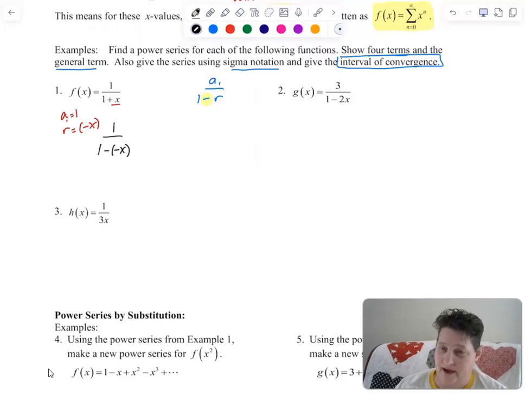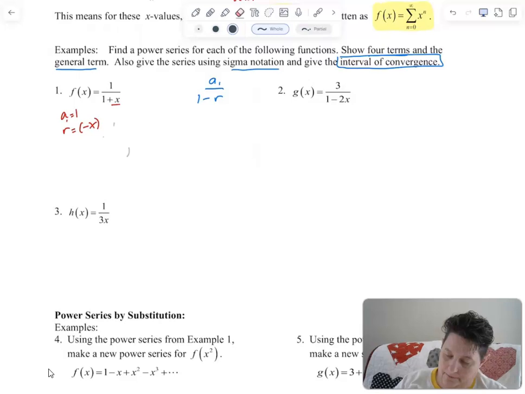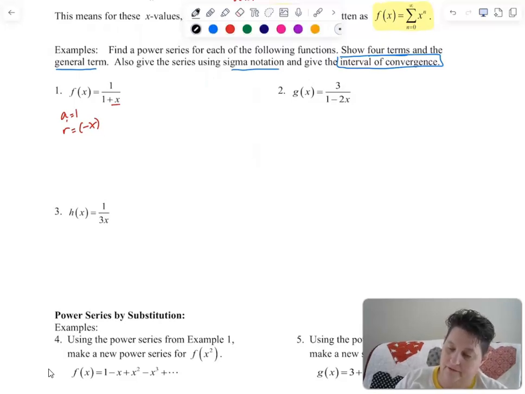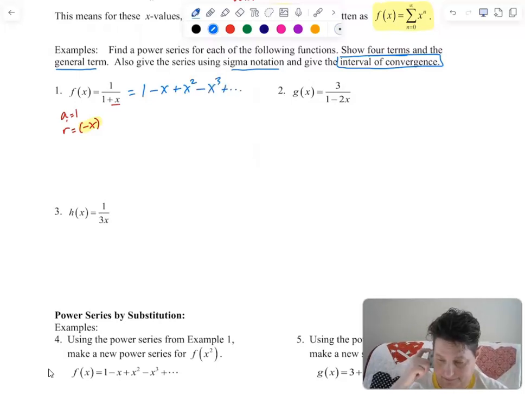But it's got to match the pattern, and I need to have a minus in there, okay? Now that we've determined that, my first term is 1, and every time I'm going to multiply by negative x. So 1 times negative x is negative x, times negative x is positive x squared, times negative x is negative x to the third. That's 4 terms.